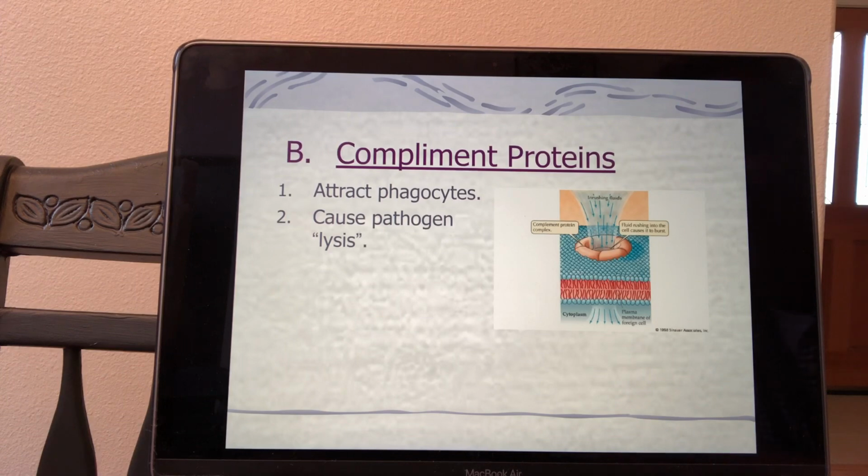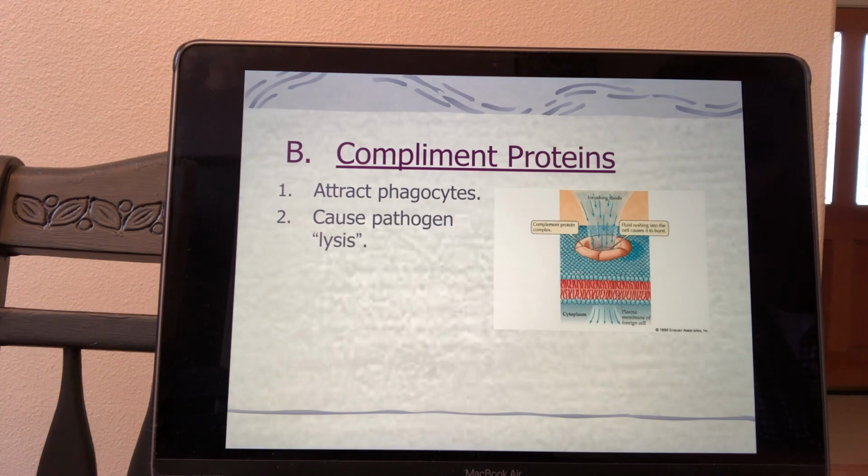Now, another thing these proteins can do is cause what we call pathogen lysis. Lysis is a word that means death by stabbing. So if you could imagine your human cell secretes all of these complement proteins, hundreds of them in all directions because it's about to be invaded.